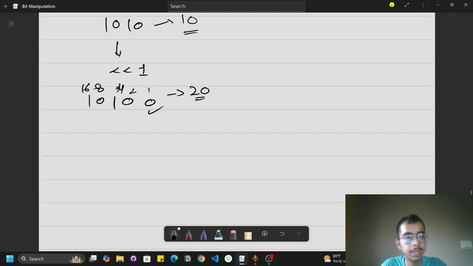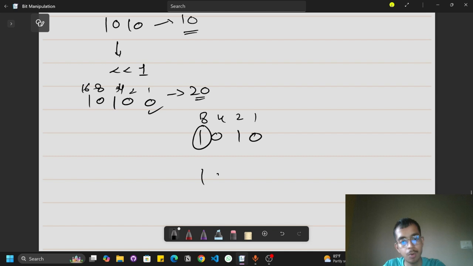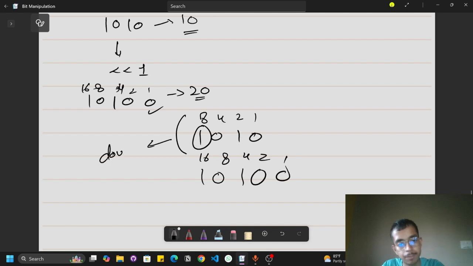When the bits are shifted, 2 is getting multiplied to each of the bits. Earlier we were multiplying by these factors, and now for the same bits we are multiplying by 16, 8, 4, 2. So for the same bits, the factor has doubled, and that's why the number is doubled.